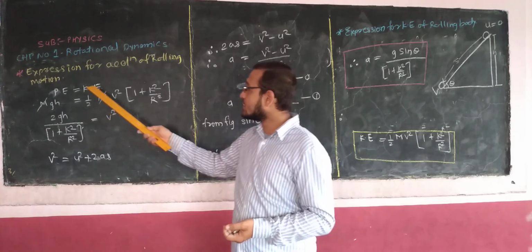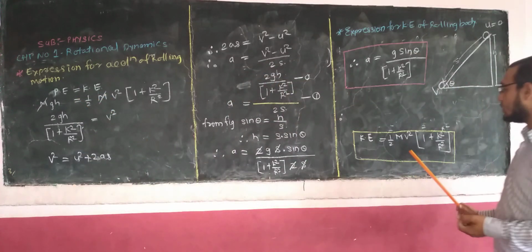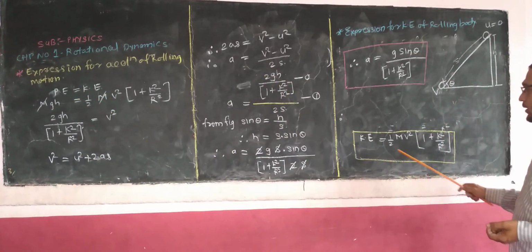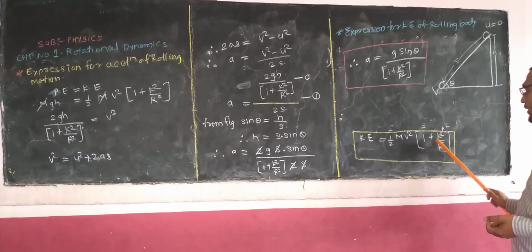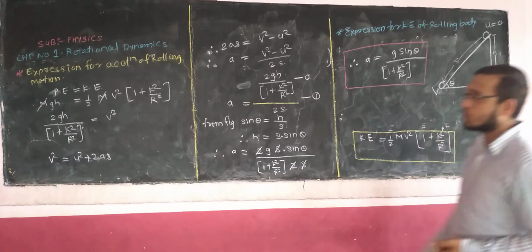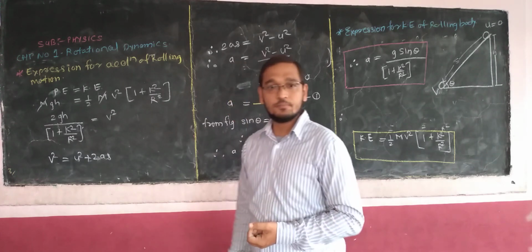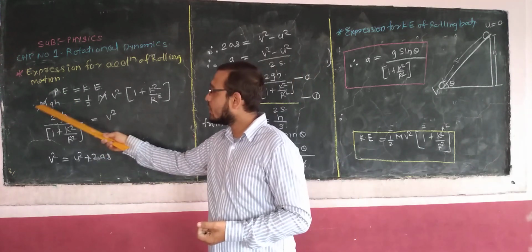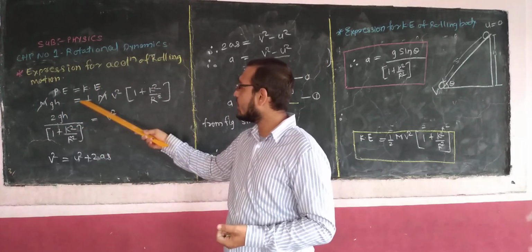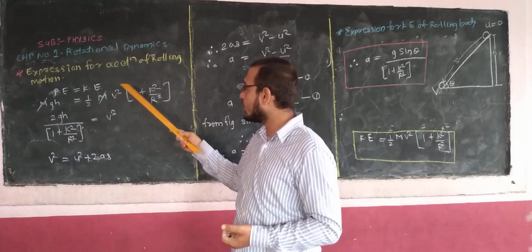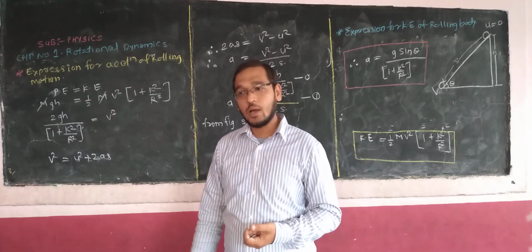And the kinetic energy formula of rolling motion we have just derived: half mv square into bracket 1 plus k square upon r square.